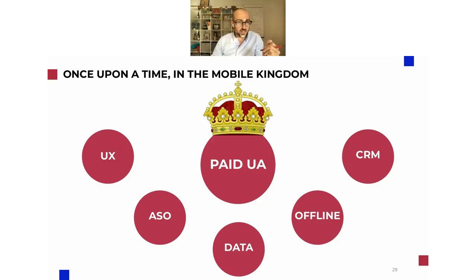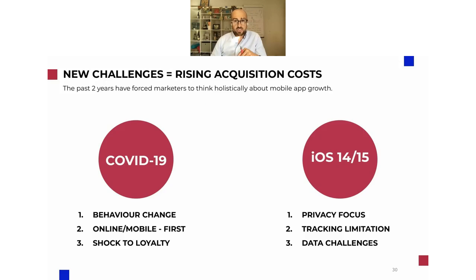If you had money, you could spend this budget and achieve great results. Then we have seen that during the past 2 years, many things have happened. COVID-19 and iOS 14 created big challenges for the app marketers, rising acquisition costs, and basically a radical change in the mobile kingdom.